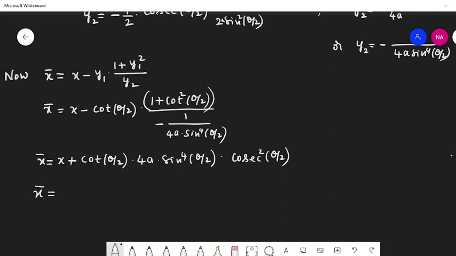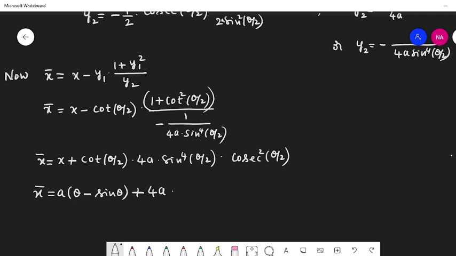you get, okay, x means a times of theta minus sine theta, that also I have to write. x is a times of theta minus sine theta plus cot theta by 2, okay, let us write 4a first.